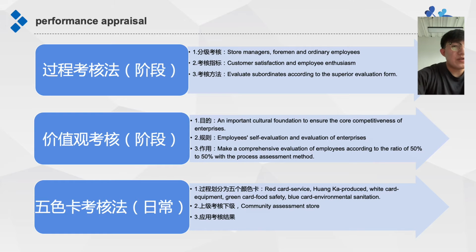And the third, we have a daily testing way. We use 5 different colors to mark the different ways. For example, red card is for the service task, daily task, and white card is for equipment, green card is to test the food safety, blue card is to test environmental sanitation.